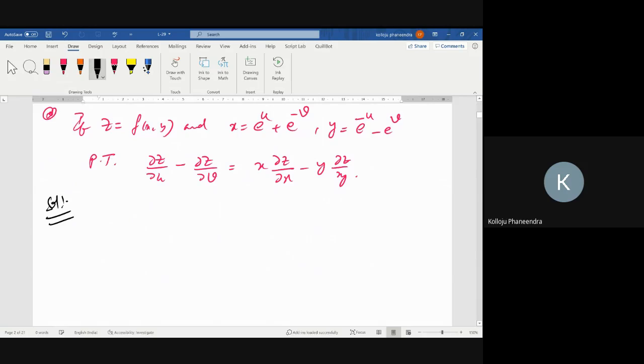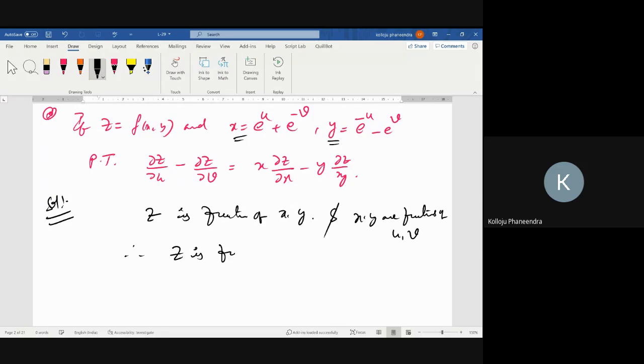See here, z is a function of x y, and x y are functions of what? u v. X and y are functions in terms of u v. Therefore, z is a function of u v.